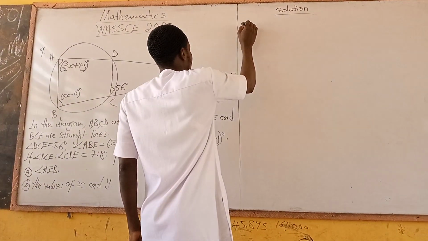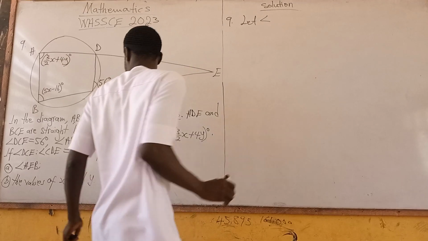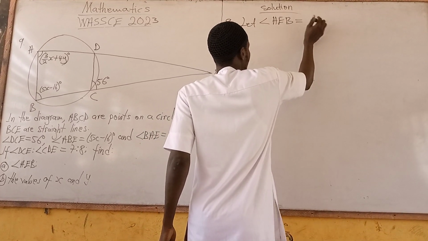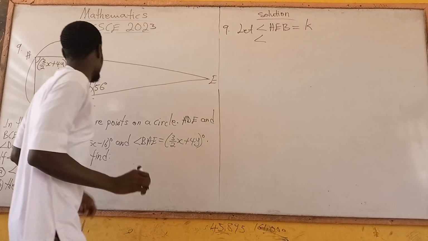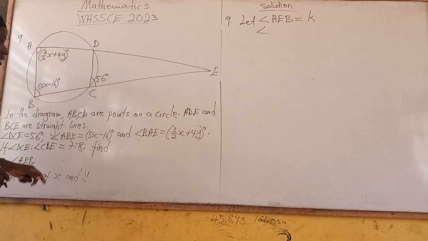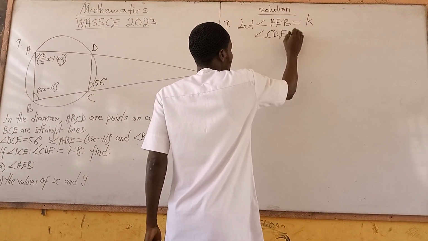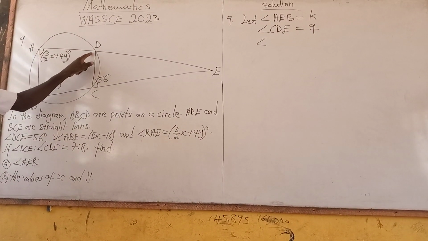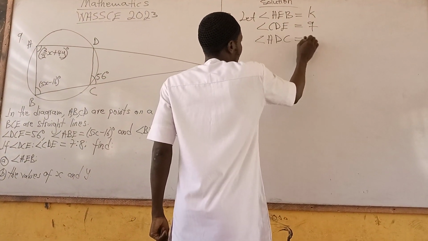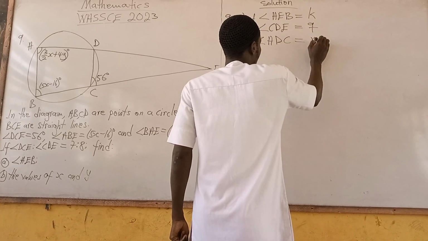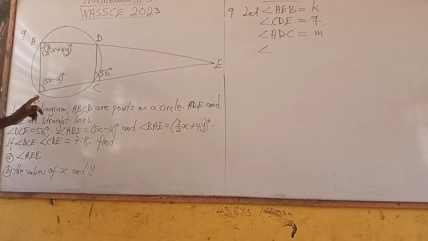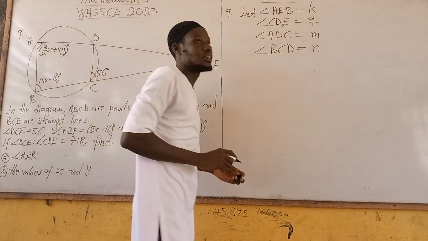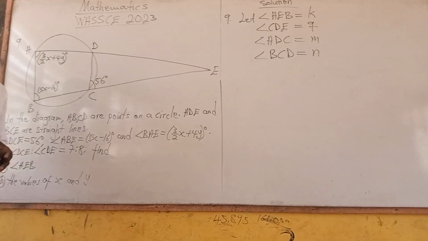We say solution 9. Let angle AEB, the one we are looking for, be equal to P. Angle CDE be equal to Q. Angle ADC be equal to M. Angle BCD be equal to N. Let's represent them with variables so that when we are working with them, it will be much easier.